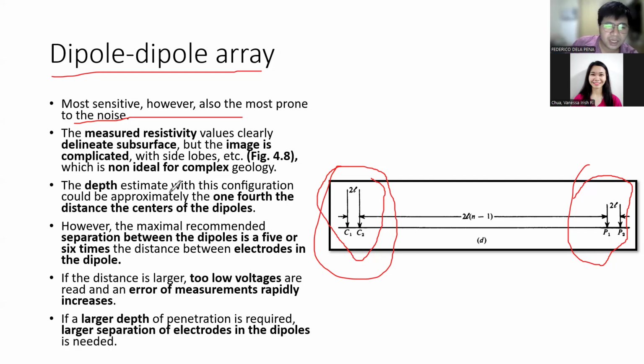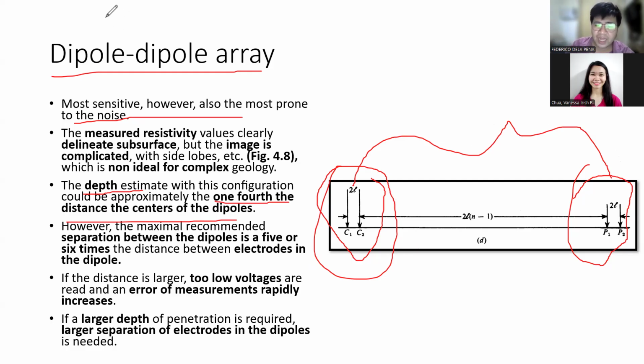So the depth estimate for this configuration is about one-fourth the distance between the centers of the dipoles. So this one, right? The penetration depth here is one-fourth of this distance between these two dipoles.